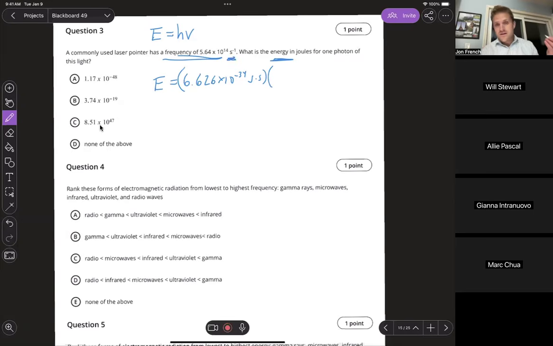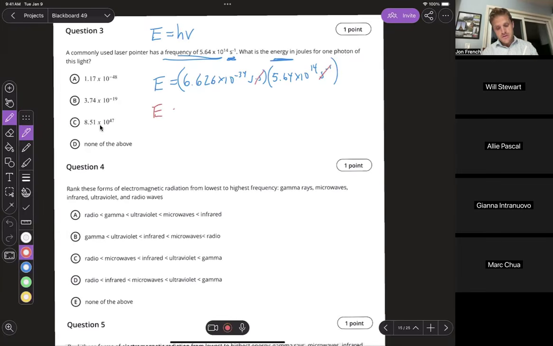My frequency is in inverse seconds, so I don't have to do a unit conversion there. So 5.64 times 10 to the 14 inverse seconds. We multiply and seconds cancel out, which is good because we're looking for an energy. We're looking for joules. And somewhere here, I've got my calculator, hopefully.